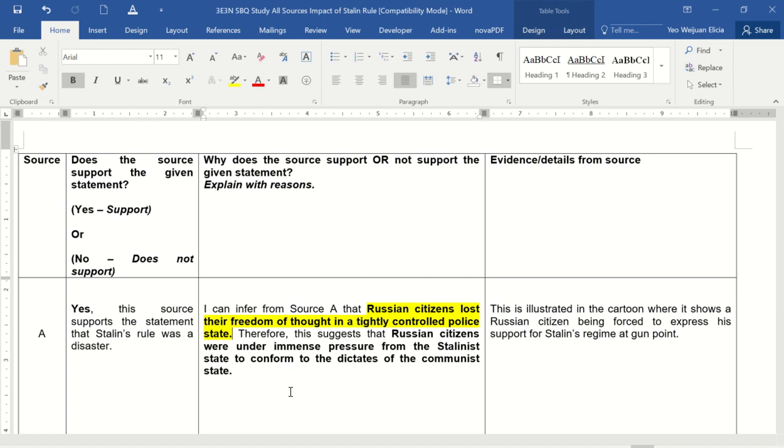Okay, so far at this point in time, source A, is anybody lost? Everybody can follow? Okay, you are actually applying the skill of inference, like I said.